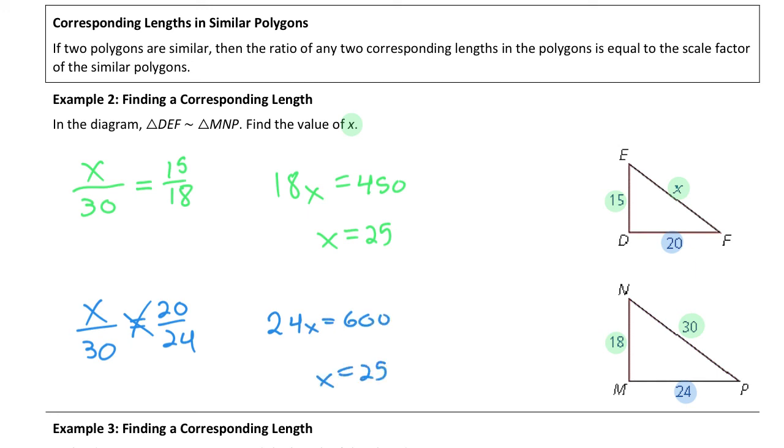So either way I set up my proportion, I'm gonna get the same value for x. So it's knowing what proportion to set up and then how to solve it. If you use the fish method, that's fine too. You could have done, see if I remember how to do this, 13 times 15 divided by 8 is x. You could do the fish method for that as well.